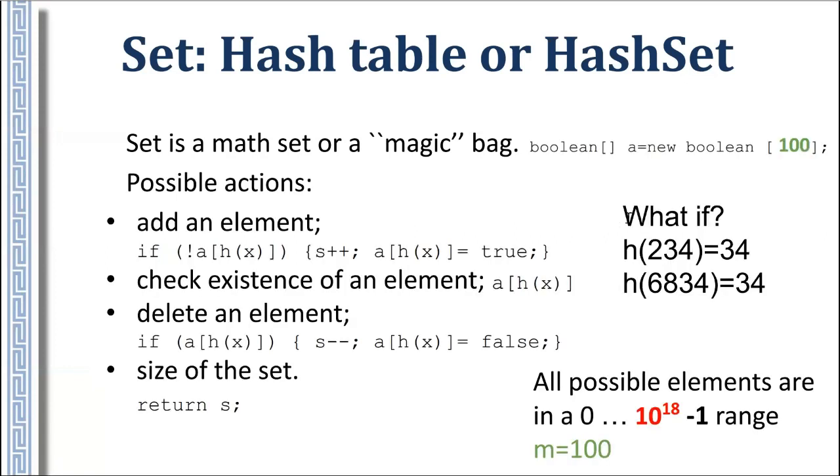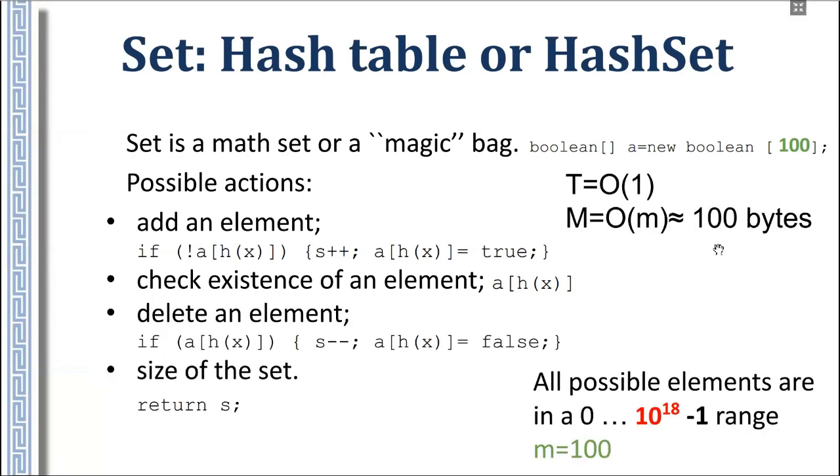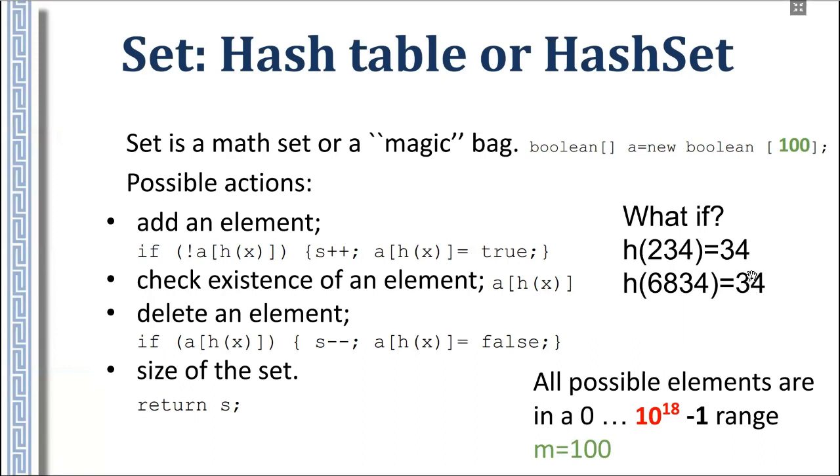But what if we have two values with the same hash value? For example, 234 has hash value 34, and 6834 also has hash value 34.